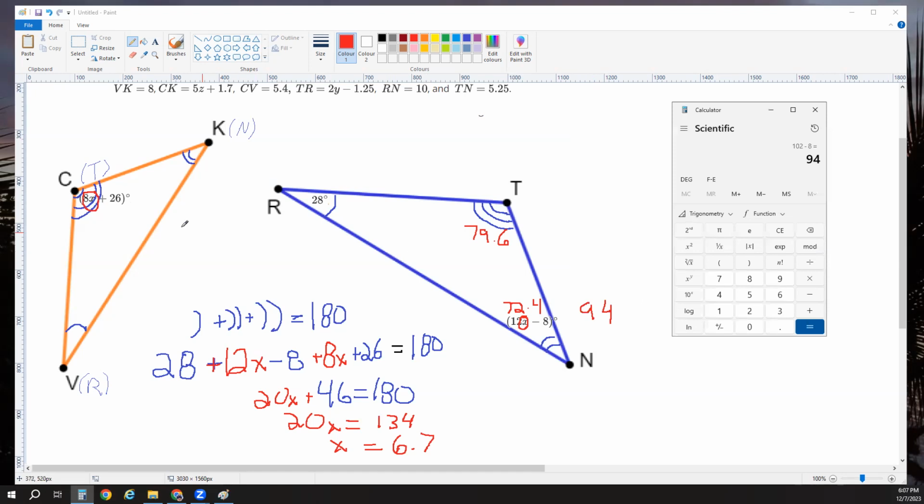And then this one says it's 8 times 8.5.